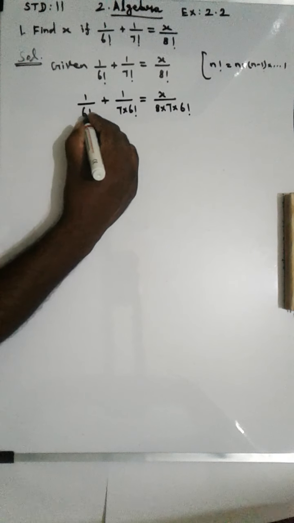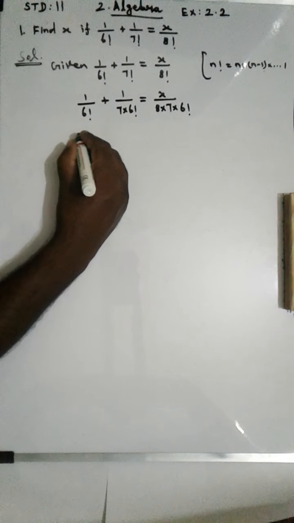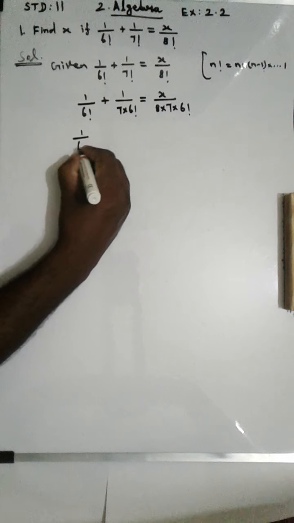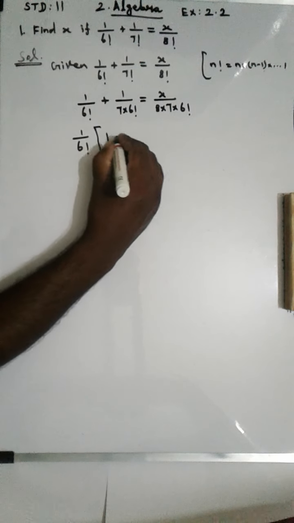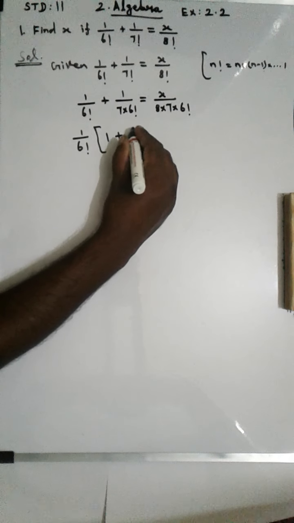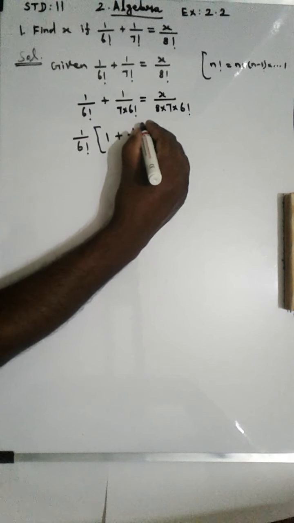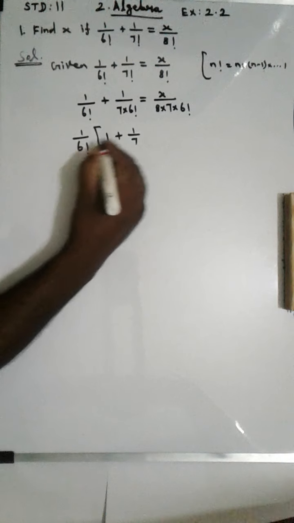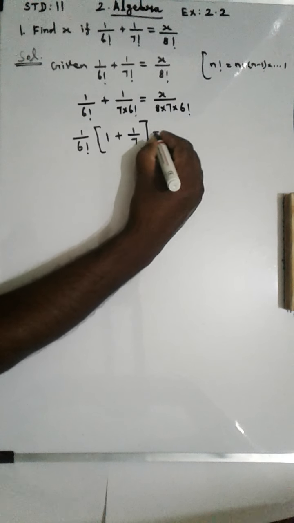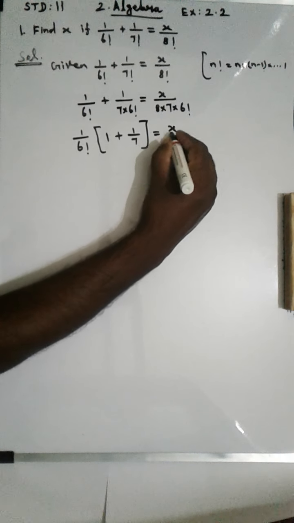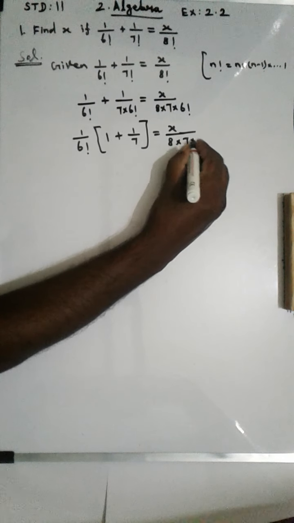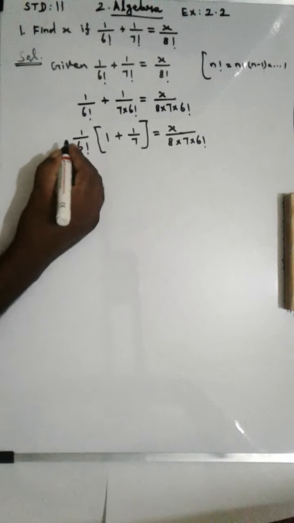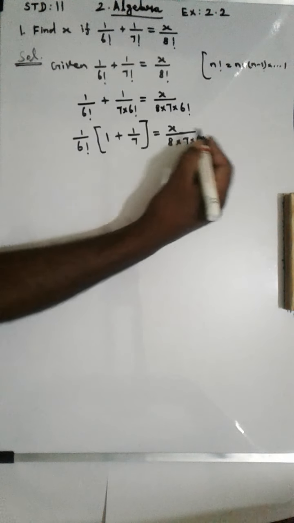We should take 1 divided by 6 factorial is common. What is remaining here? 1 plus 1 divided by 7. 1 by 6 factorial is common, equal to x divided by 8 into 7 into 6 factorial. 1 by 6 factorial we should take to the right hand side.